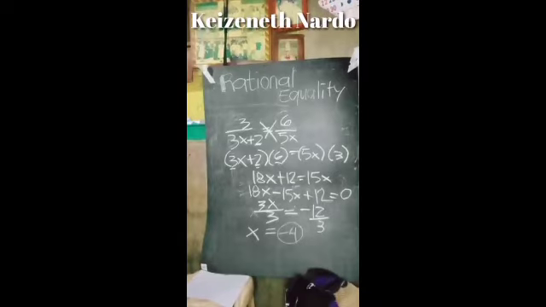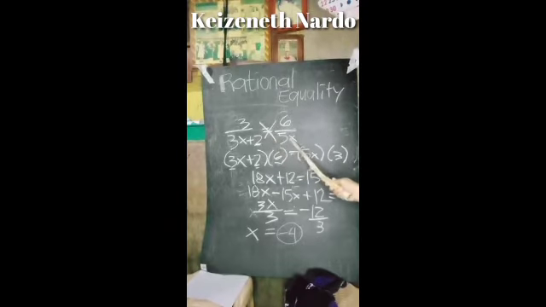Our topic for today is about rational equations. So we will start with 3 over 3x plus 2 is equal to 6 over 5x.